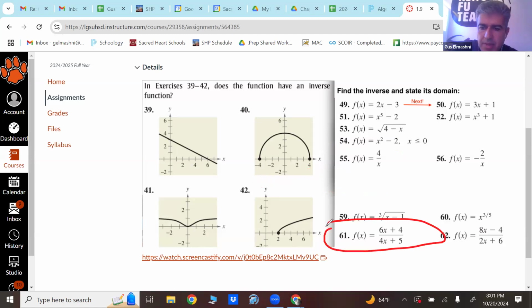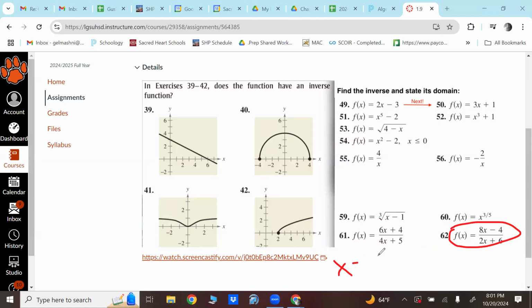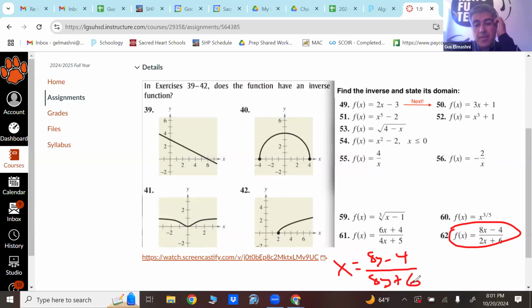Like here for 61, that's kind of crazy, or look at 62. That'll be our last one for tonight. So you can cross multiply. It's going to be a little complicated.